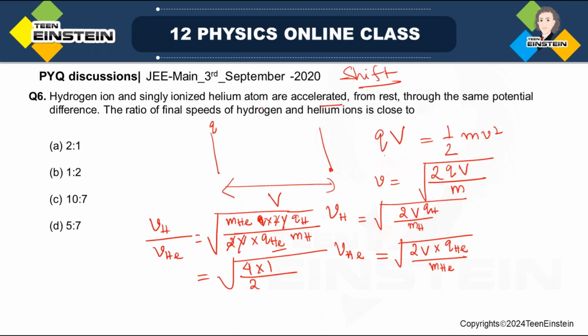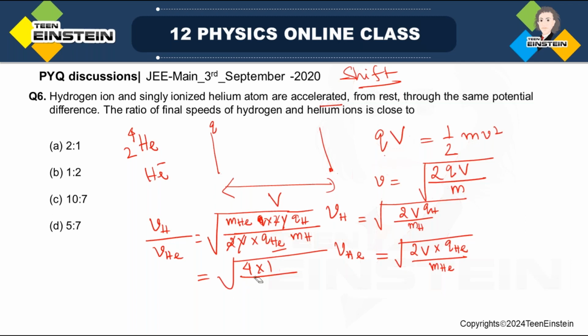Helium singly ionized ion, I see. Okay, so I had made a little mistake. It is 2He4, sorry. This is the atom. When it is a singly ionized helium ion, it has a single charge only. So I don't have to multiply charge by 2.